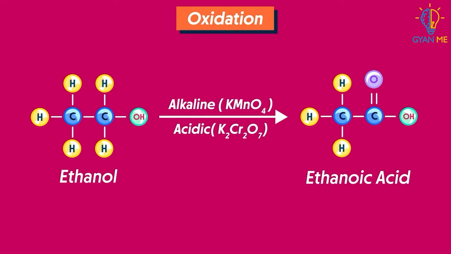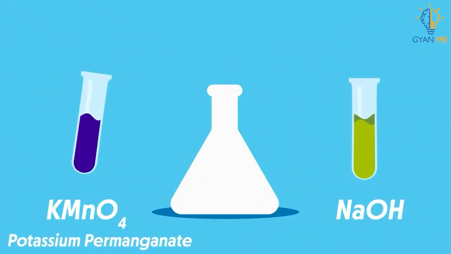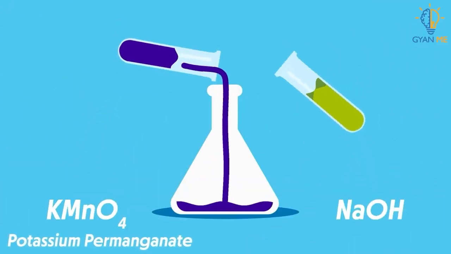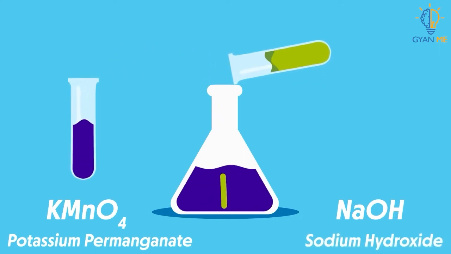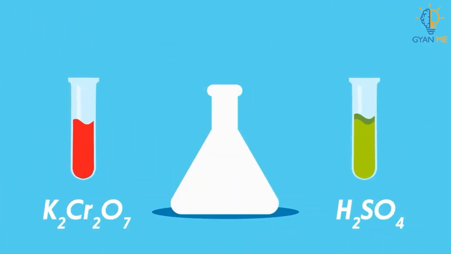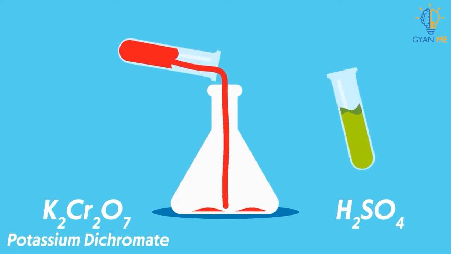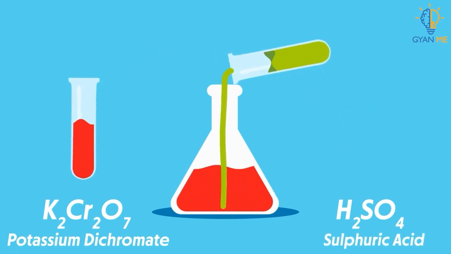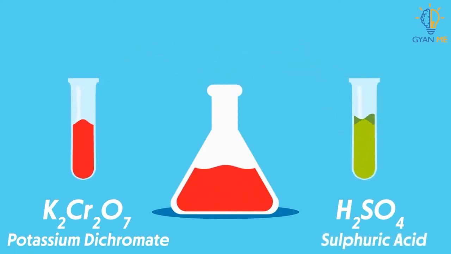Now wait, did I just say alkaline KMnO4 and acidic K2Cr2O7? Yes, I did. So what we do here is mix KMnO4 with a base like sodium hydroxide to make it a basic or alkaline solution. Similarly, we mix potassium dichromate, that is K2Cr2O7, with an acid like sulfuric acid to make it acidic, and thus we call them acidic.